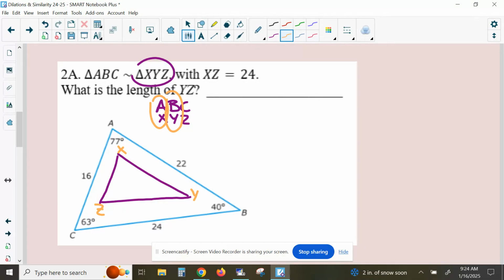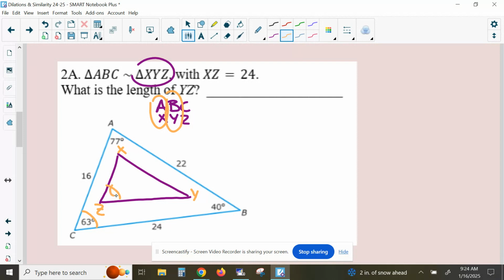Okay, so what's true about angles of similar figures? Do they stay the same or do they change? They stay the same. When you shrink a square, the angles are 90 degrees, right? When you make a square really big, aren't they still 90 degrees? So angles are not changing. So that means if angle C here equals 63, what else equals 63? Angle Z. These two match, right?